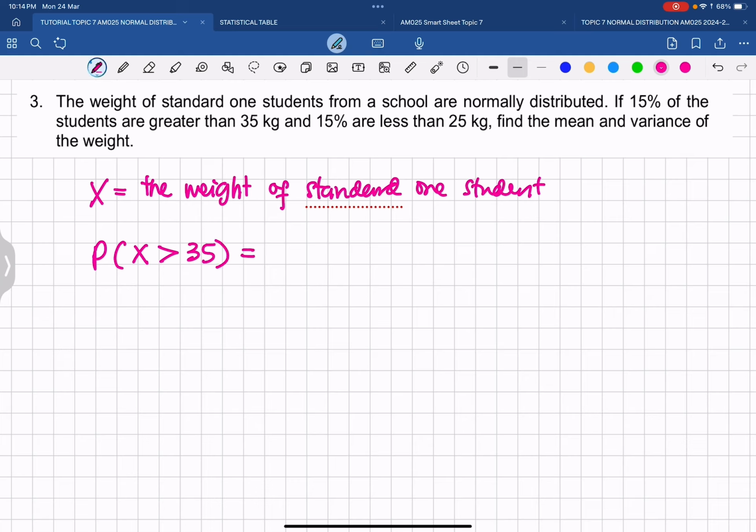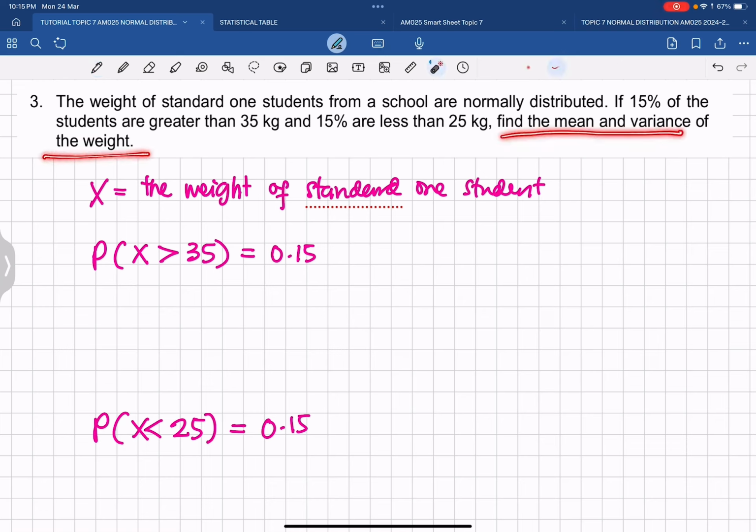We can convert it to 0.15. And 15% are less than 25 kilo, meaning our probability X is less than 25 kilo is also 0.15. Find the mean and variance of the weights.